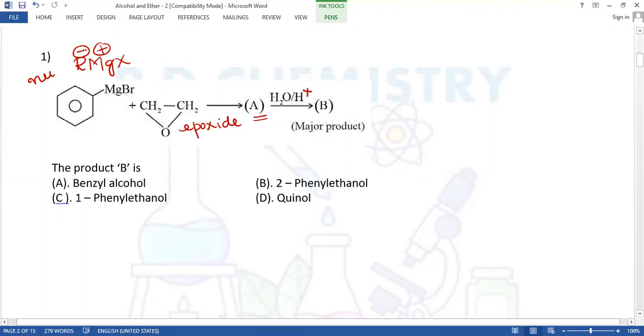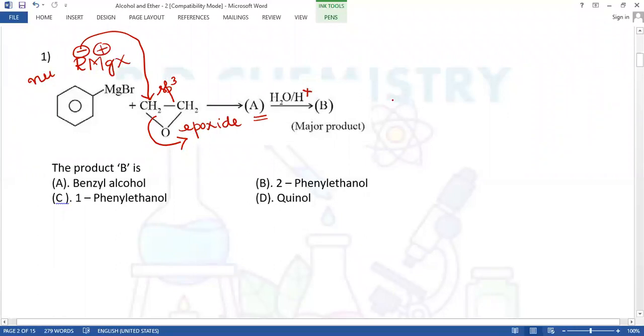Now you know that nucleophile can attack the carbon atom. Both the carbons have a similar arrangement. So this carbon is sp3 hybridized. Nucleophile easily attacks the sp3 carbon atom, and the leaving group here, what is that? Oxygen, and it becomes O minus.